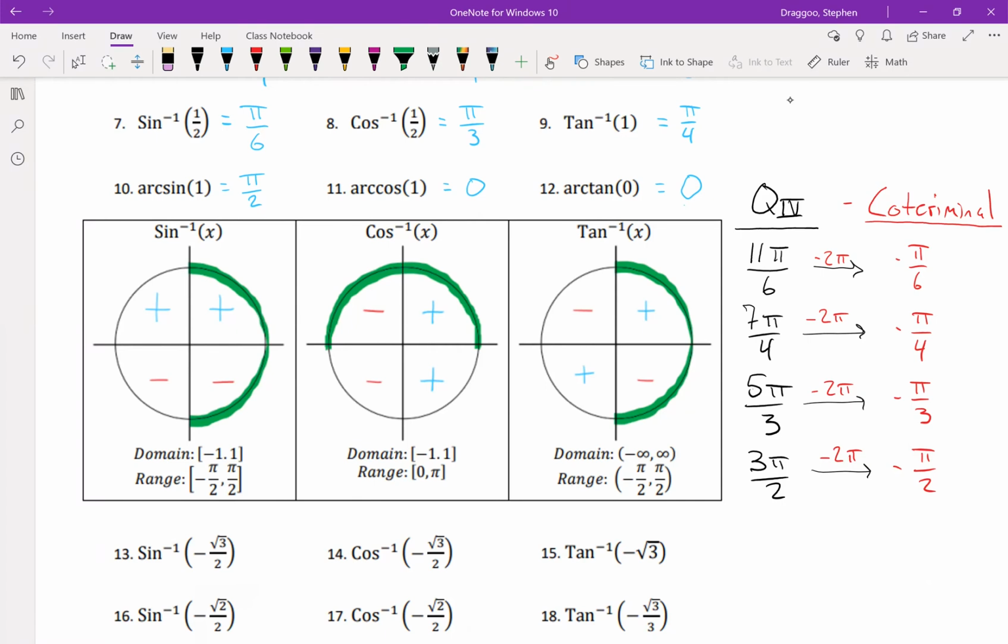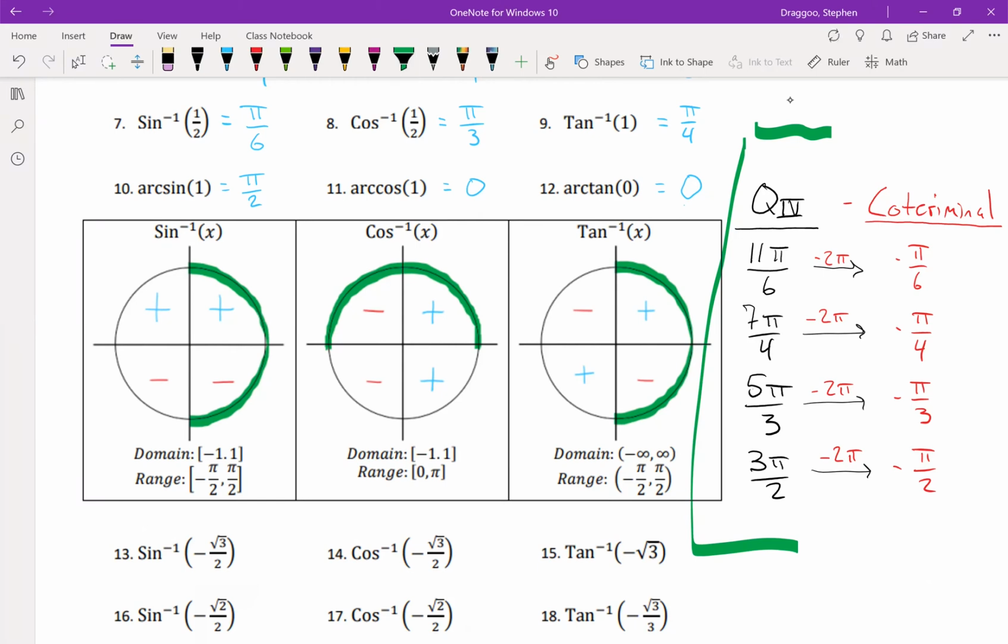So rather than having to go from 3 pi over 2 to 2 pi and then 0 to pi over 2, I don't want to have that awkward split in my range. So I'm instead just going to relabel that fourth quadrant to be its negative coterminal values and get my range that way. Over here on the right, you can see that I've calculated each of the negative coterminal angles for quadrant 4.